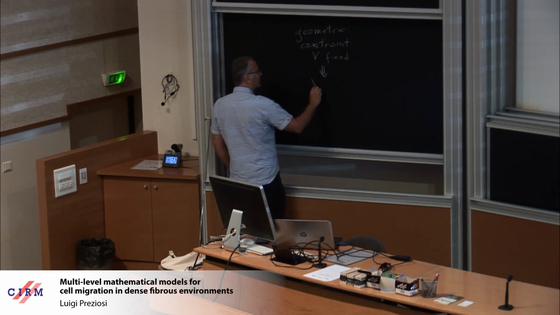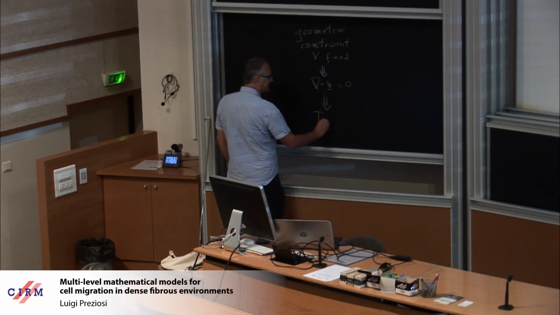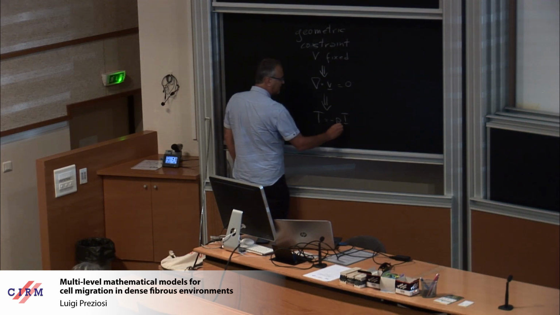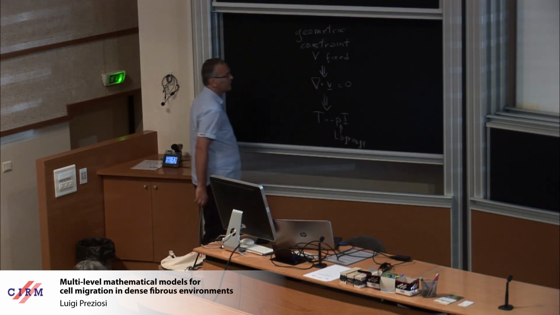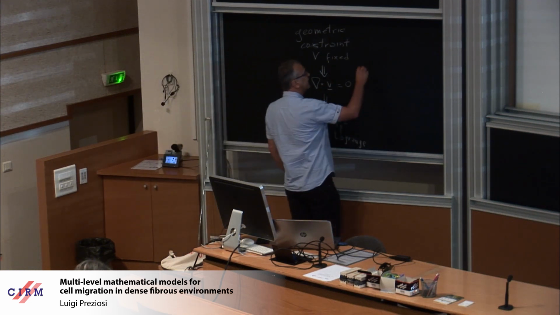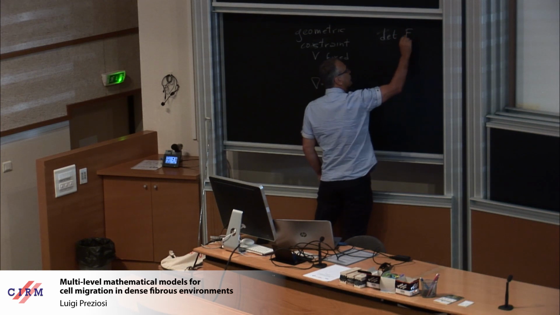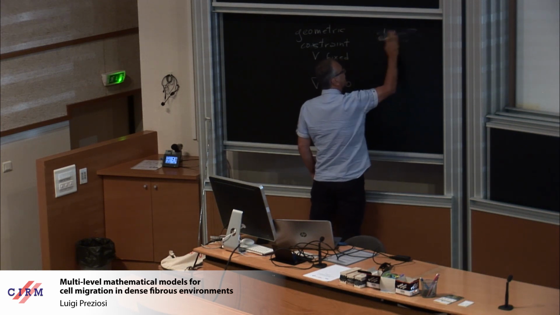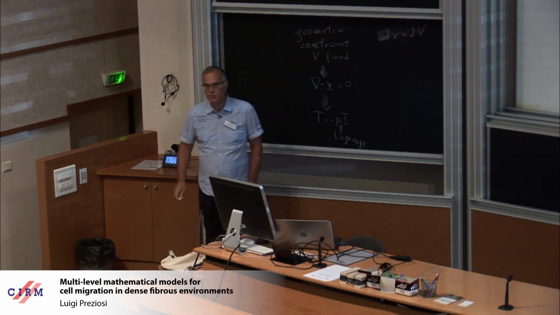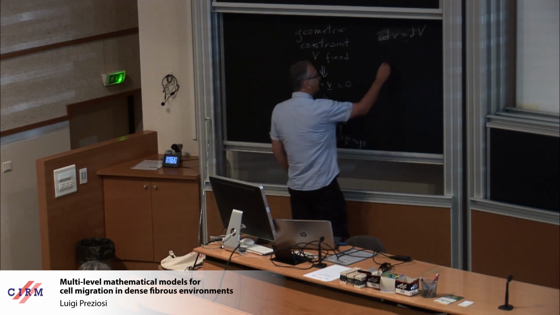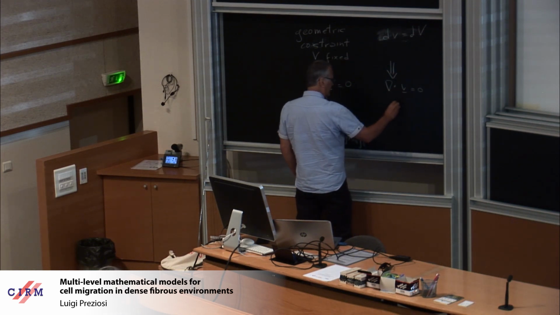This implies, for instance, divergence of V equal to 0. And this implies that the stress has a pressure term which is a Lagrange multiplier. Okay? And this is what happens in continuum mechanics. In fluid dynamics you have determinant of F equal to 1, or if you take a volume, the volume before and after the deformation is the same. Then this implies divergence of V equals 0, and this implies this one.